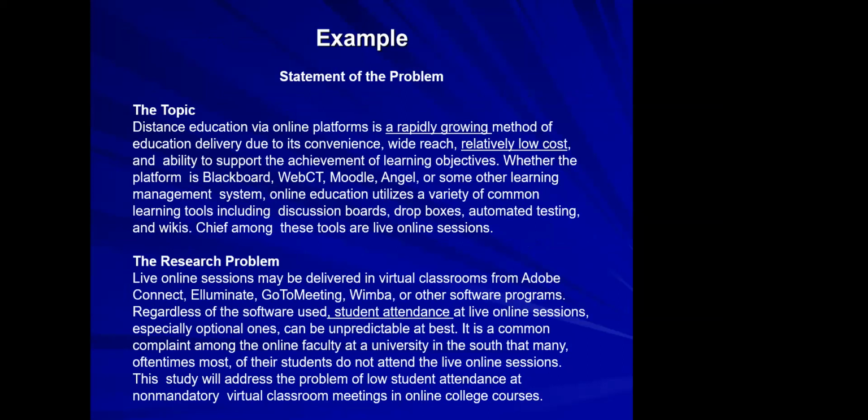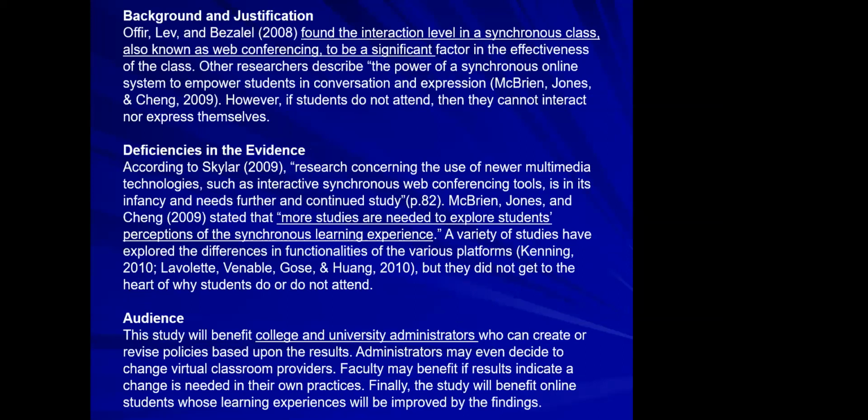The problem statement is that student attendance in online classes is dwindling. That's the main statement of the problem. Then the background is that other researchers have done a lot of studies and found online learning to be the most effective method as compared to any other method.